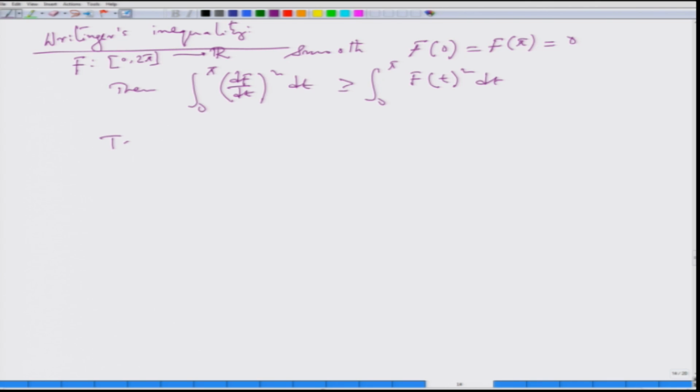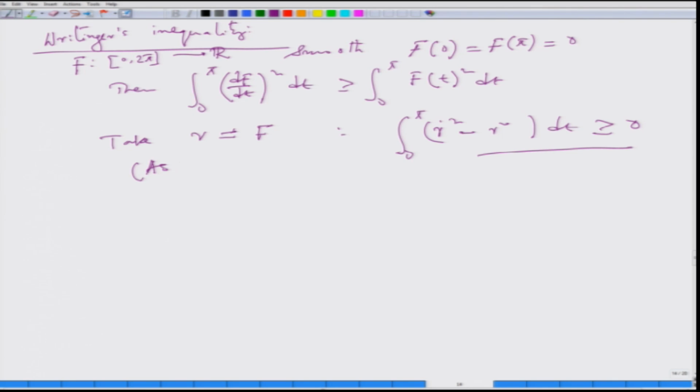So, take r equal to f, this will give you that integral 0 to pi of r dot square minus r square dt is greater than or equal to 0.